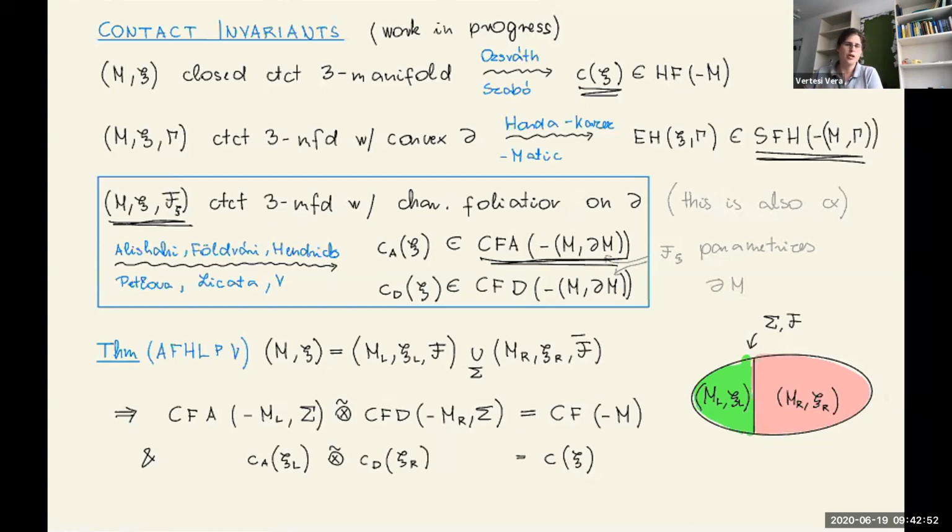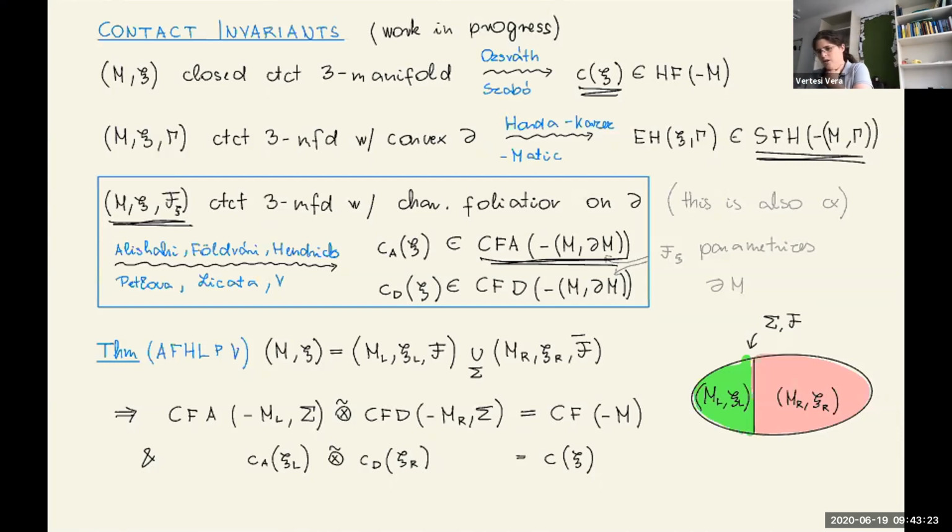You can think of the foliation as a parametrization as well. Basically, the parametrization is a handle decomposition of the boundary, and the foliation is also a handle decomposition because you have the elliptic points, which correspond to the zero handles, and then you have the hyperbolic points which correspond to the one handles, and then the negative elliptic points correspond to the two handles.